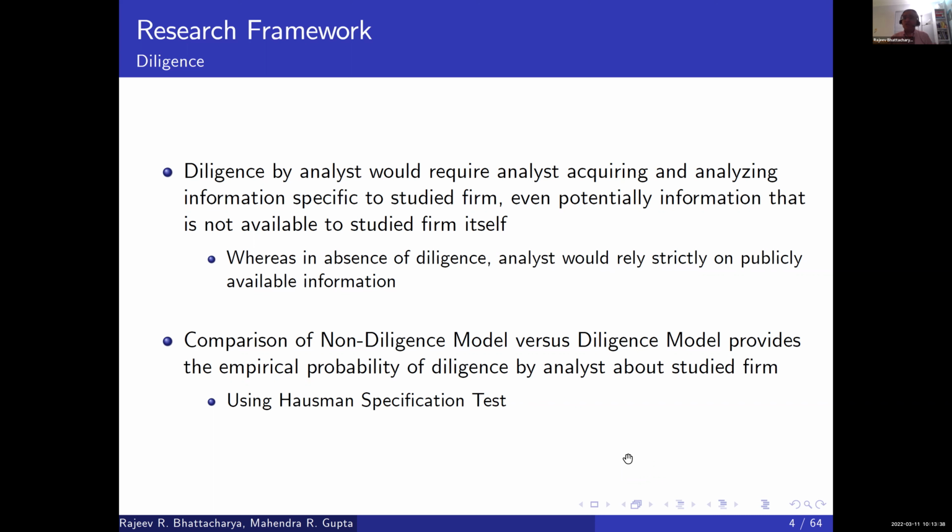Whereas in the absence of diligence, she would just rely on publicly available information or what I tell her. That is the concept of diligence. We are going to take the Bayesian approach: set up a non-diligence model, set up a diligence model, and compare the two using the Hausman specification test, and that gives us asymptotically the probability of diligence.